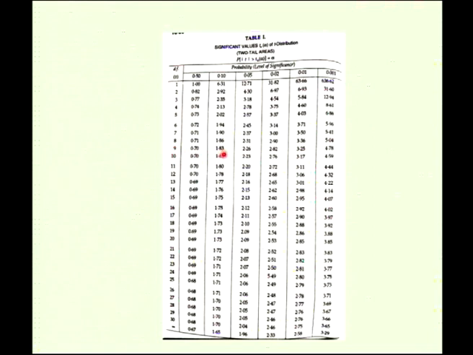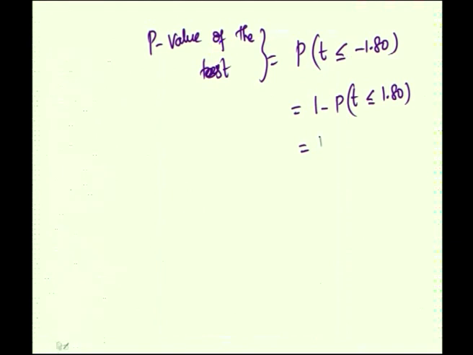In 9 degrees of freedom the nearest value of 1.83 occurs at 10 percentage level of significance, and this being a two-tailed area, we are talking about one tail because the alternative hypothesis is one tail. Therefore, for one tail it will be 5 percentage. This is 1 minus 0.95, which is equal to 0.05.